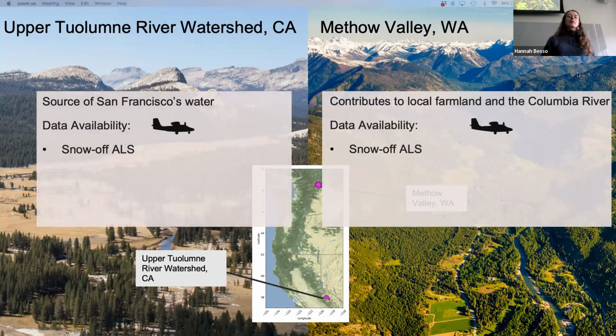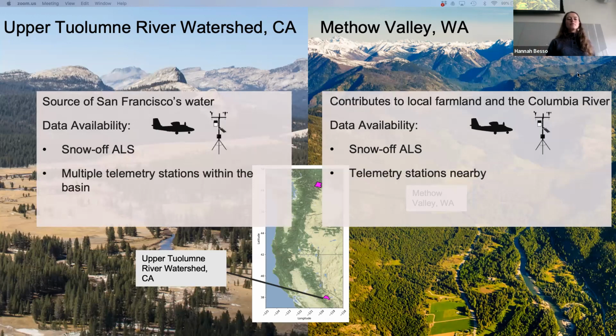For data availability, both Tuolumne and the Methow Valley have the snow off aerial LiDAR that will provide the baseline measurements for our calculations. The Tuolumne River shed has multiple telemetry weather stations within the basin, whereas the Methow Valley has these telemetry stations not located exactly within the bounds of the basin we'll be studying.